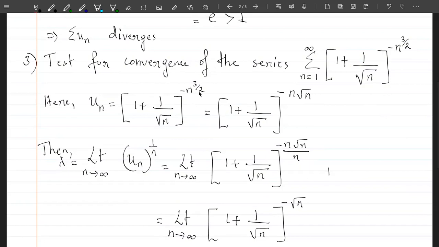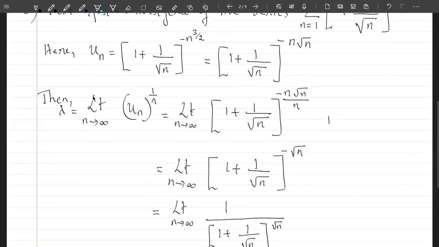Now n power 3 by 2 is also equal to n power 1 into n power 1 by 2. So you can write this n power 3 by 2 also as n multiplied with n power 1 by 2, which is root n. So un will be 1 plus 1 by root n to the power minus n root n.